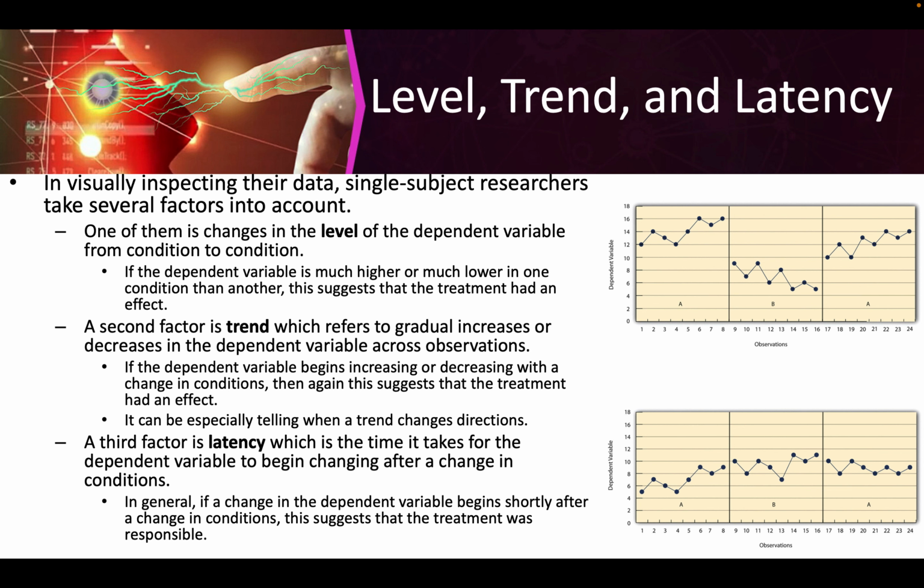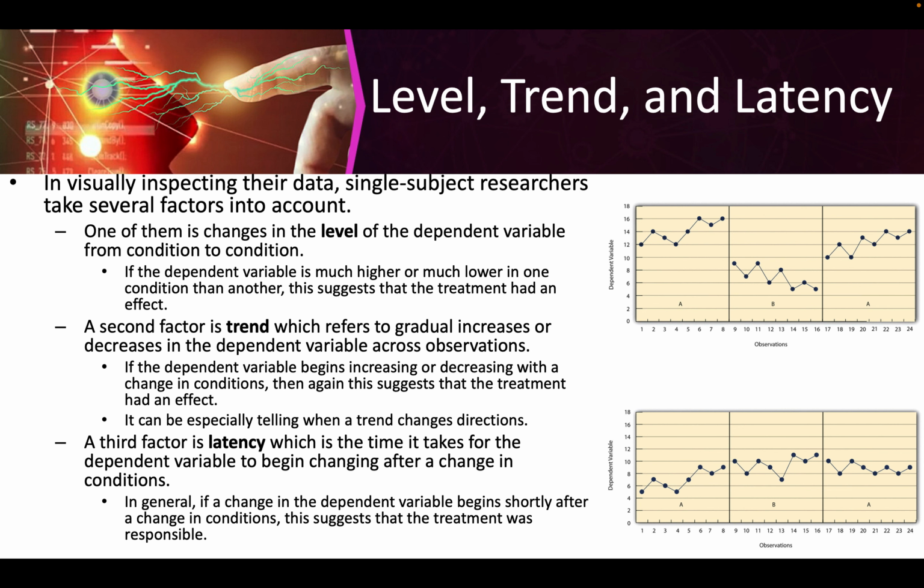In visually inspecting their data, single subject researchers take several factors into account. One of them is changes in the level of the dependent variable from condition to condition. If the dependent variable is much higher or much lower in one condition than another, this suggests that the treatment had an effect.